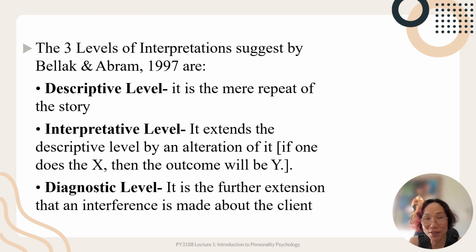So as a psychologist, when we interpret the TAT stories, we should not just merely repeat the story. We need to interpret. And also the diagnostic level, this is the further extension where an inference is made about the client. For example, a diagnosis of the personality, whether the client has a personality disorder or mental health issues. These are three different levels.